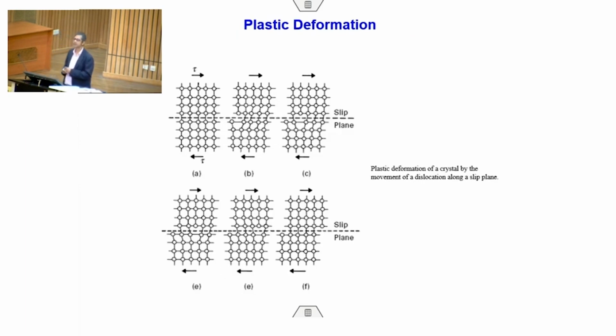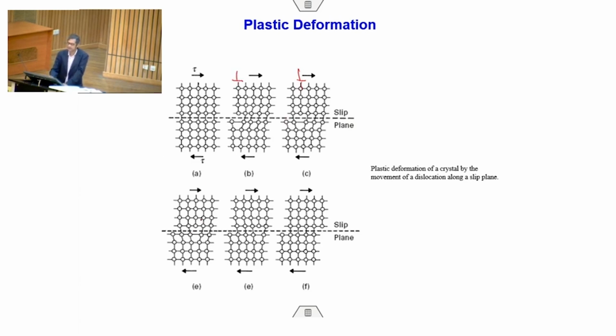So that's what is shown here. You see that this is the bond broken here. This is the perfect crystal. You apply shear force, you just break a bond and create a dislocation. Then this row of atoms moves to the next row. The dislocation moves here. You can see the dislocation is here, the dislocation is over here, and these bonds are joined.